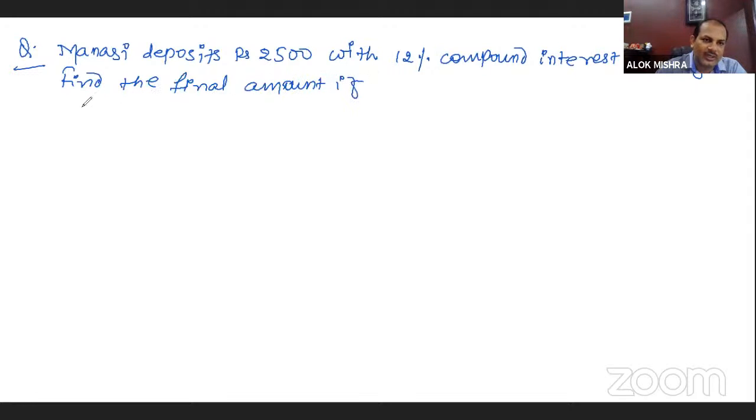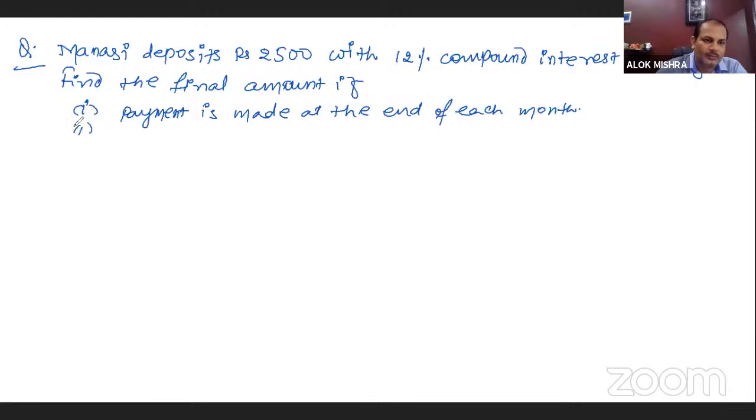Find the final amount if payment is made at the end of each month.